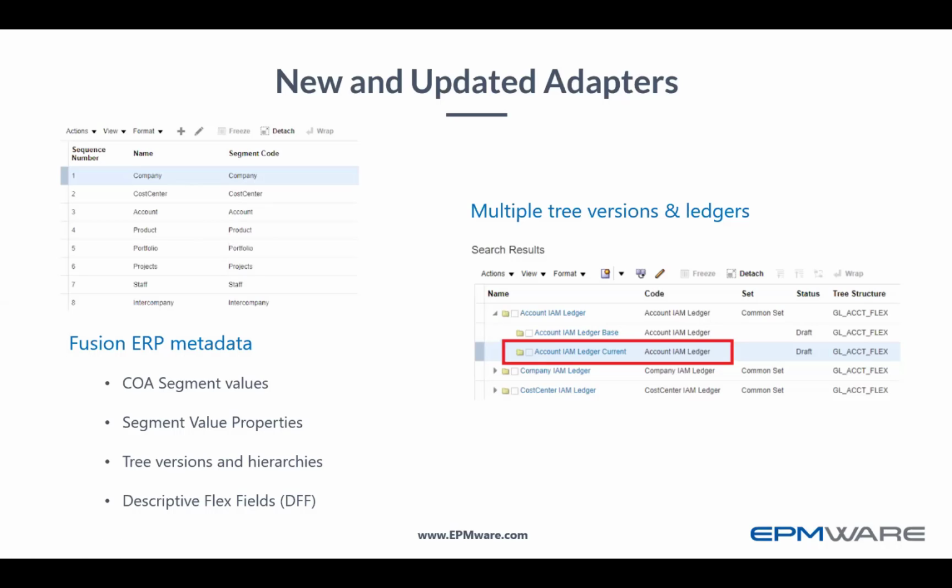And adding this metadata manually to multiple different hierarchies and trees within this application can be pretty cumbersome. So, having everything ready and staged in EPMware and then ready to push out to that target application has been very beneficial.